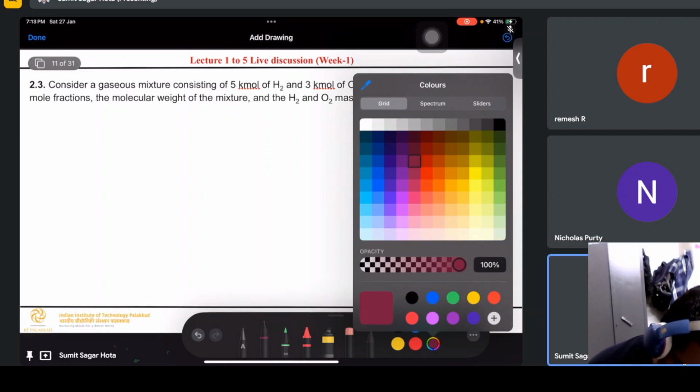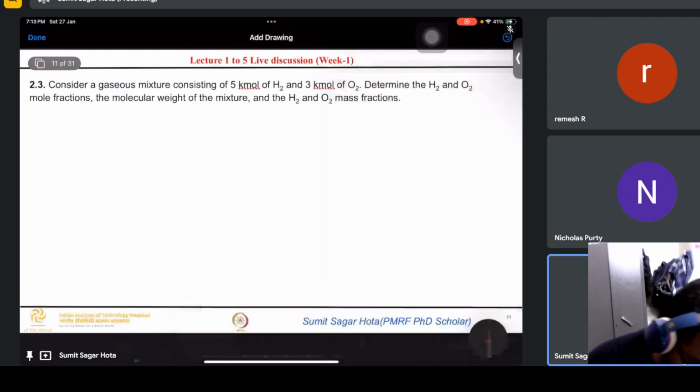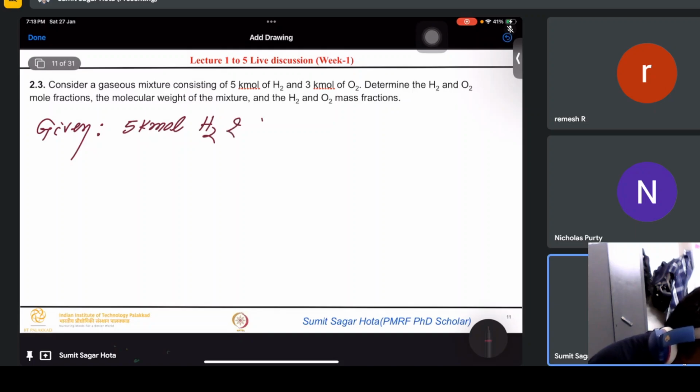Answer this. In this question, what are the things given? 5 kilomole of hydrogen and 3 kilomole of oxygen. What we need to find?